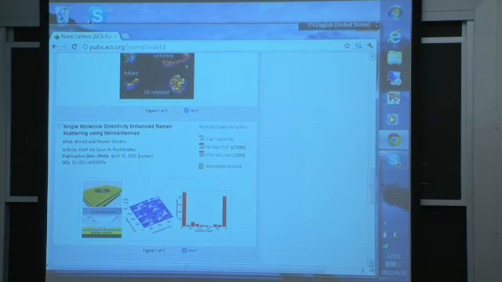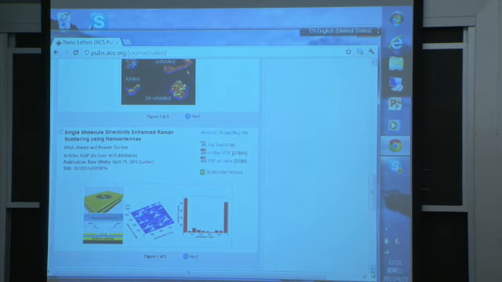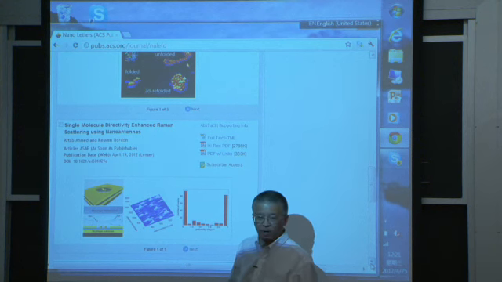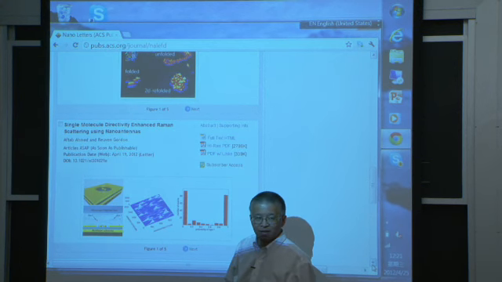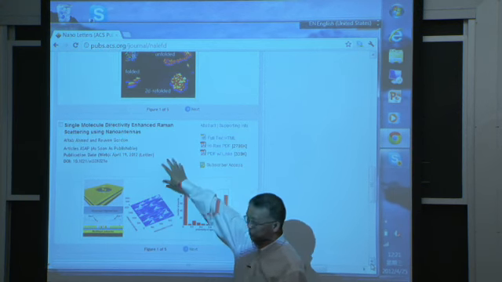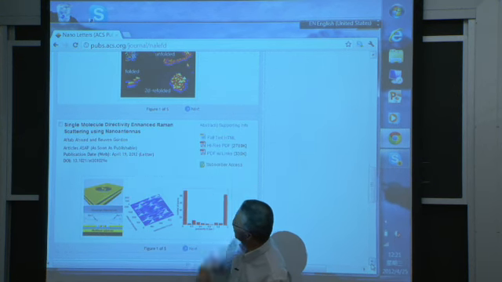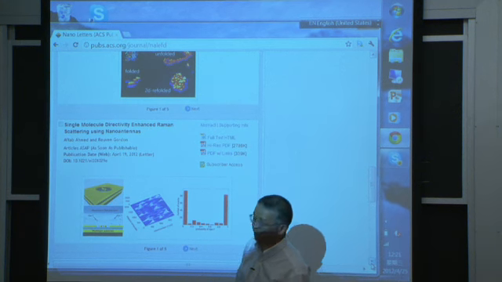What do you think about this one? Single molecule directivity enhanced Raman scattering using nano antenna.